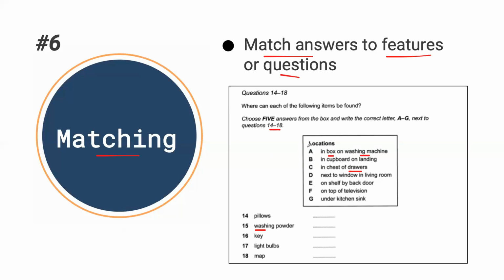It doesn't say that the location can be used once. So this is actually quite difficult because you're not able to eliminate anything. There are some questions where you may be able to eliminate the features, making it a bit easier and allowing you to use process of elimination. But most questions are a bit difficult, and we should always prepare for the most difficult scenarios.